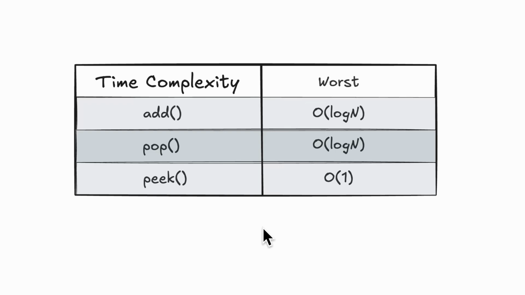And we are moving from top to bottom in the pop function and from bottom to top in the add function. Hence the time complexity is log n for both of these. And here we are just accessing the element at index 1. Hence the time complexity for the peek function is O(1). So I hope you understood the time complexity.